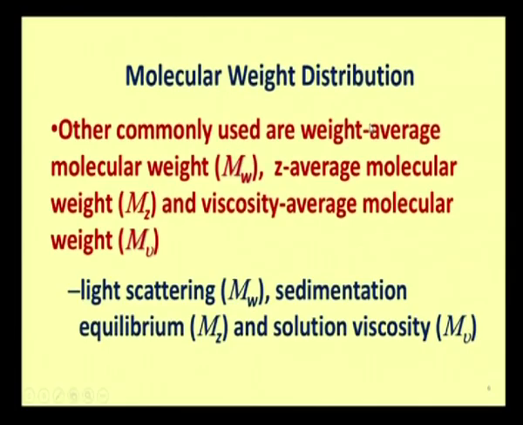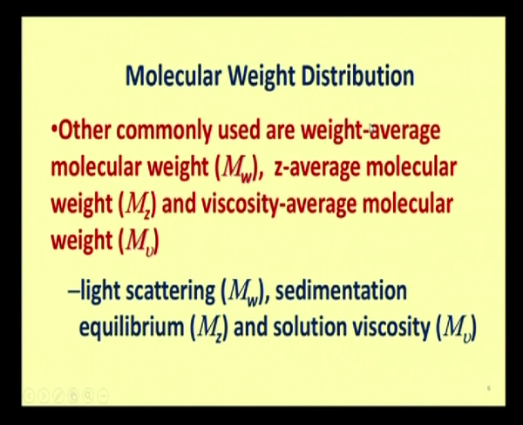This type of molecular weight has a specific method in which the calculation can be made if you know the number of molecules having the different molecular weights of the individual molecular chains in a particular sample.